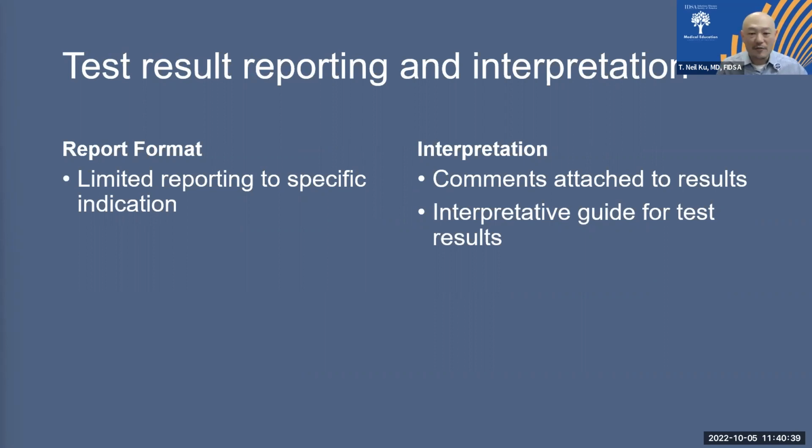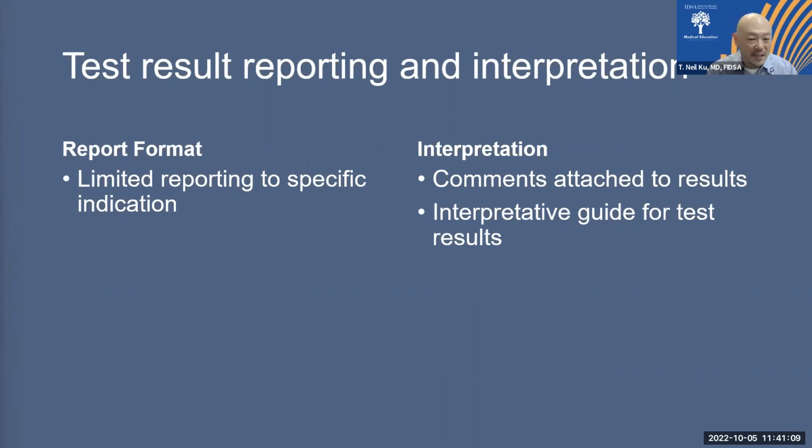There was a paper published about a year ago that suggested limiting the reporting of urinalysis. For those of you who don't know what I'm talking about, most urinalyses, when they're ordered without any specific indications, have all the components reported out in the results.